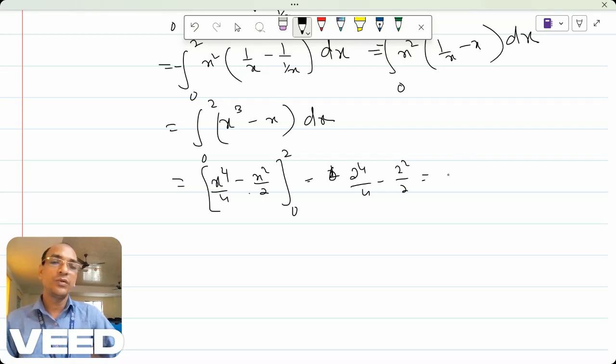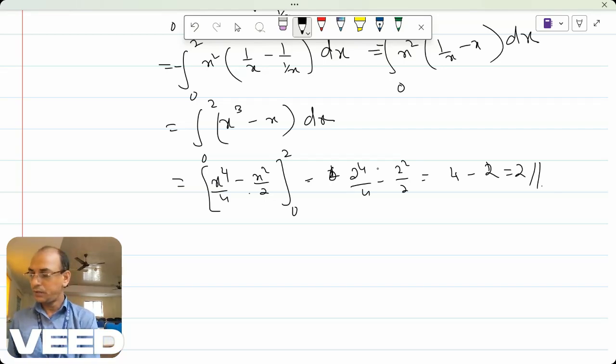So this is equal to 4 minus 2, and this is nothing but 2. Okay. So like this we can evaluate the double integral over the bounded region.